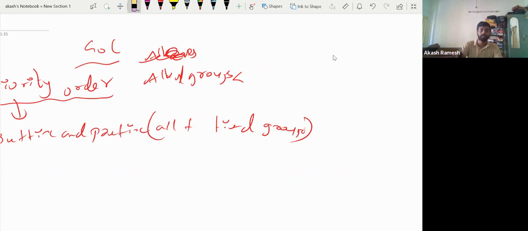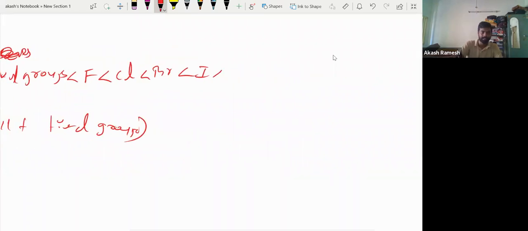Okay, right. So after alkyl groups comes F. Then comes Cl, then comes Br, then comes iodine. Next comes C triple bond C. After that comes C double bond C. Then comes OH.